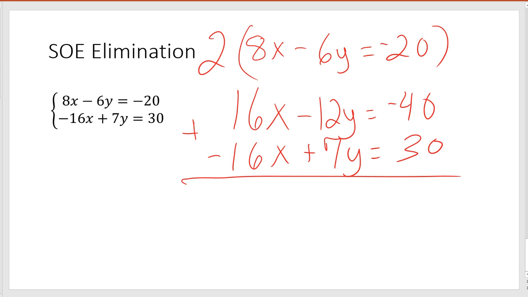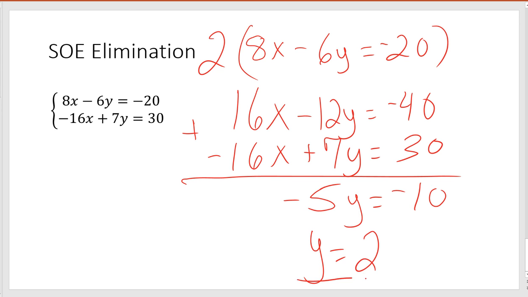16x plus negative 16x is 0. Negative 12y plus 7y, that's negative 5y. Negative 40 plus 30, that is negative 10. Okay, you can divide both sides by negative 5, and we get y equals 2.